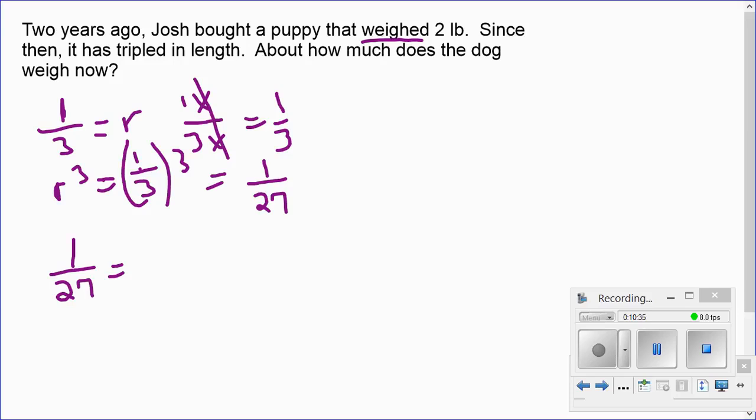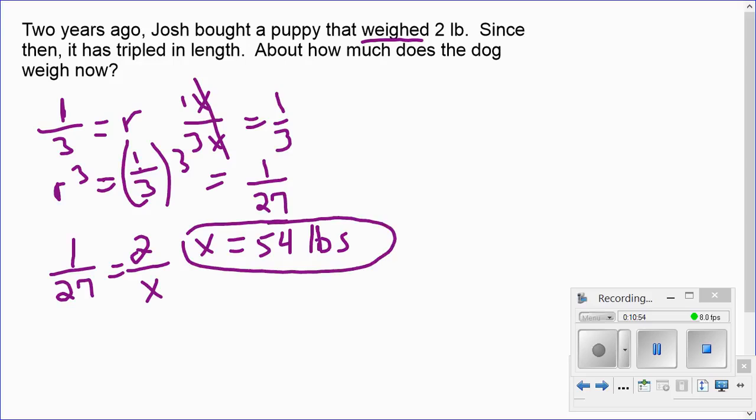That was the small weight before it got bigger. So 2 would be in the numerator, and that means x would be in the denominator. So that means 1 times x, when I cross multiply, is equal to 27 times 2, which is 54. And this was talking about pounds. So the dog now weighs 54 pounds. Okay.